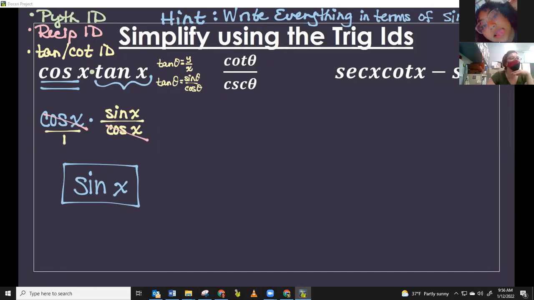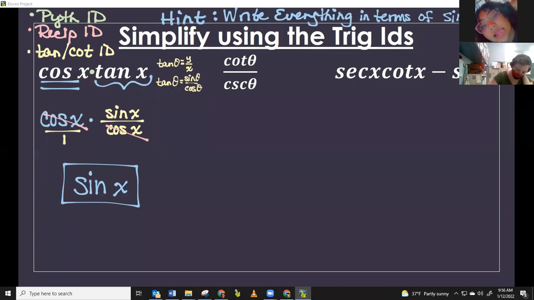So yesterday we started, right at the very end of class, simplifying using trigonometric identities. My hint for you is most of the time I want to try to write everything in terms of sine and cosine. And I really like to get rid of addition and subtraction if possible.